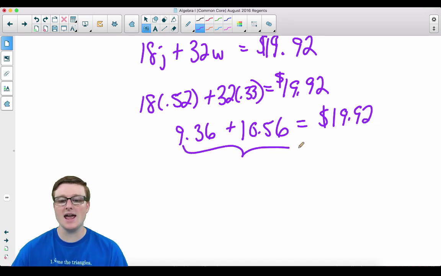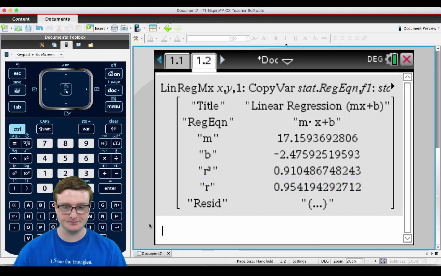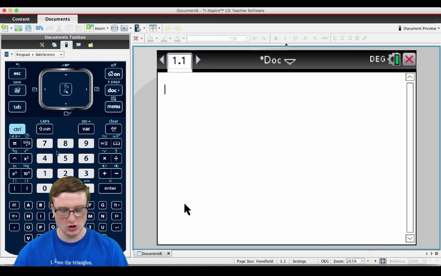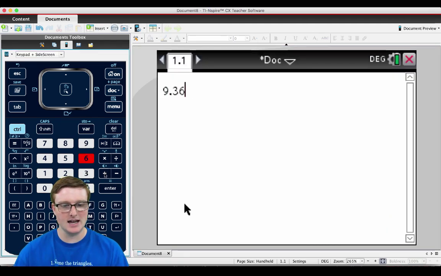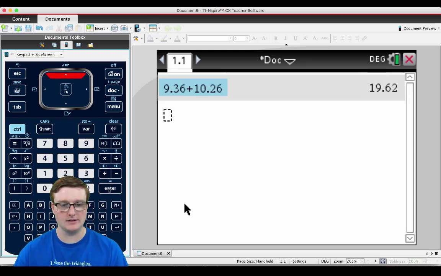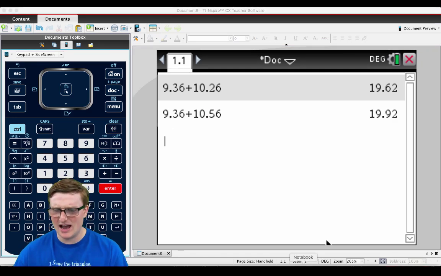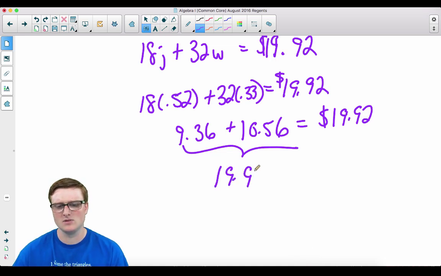So when you add these, well, let's figure this out. Let me open up a new page here. So $9.36 plus $10.56. Oops, I forgot the 5 cents. All right, $19.92?